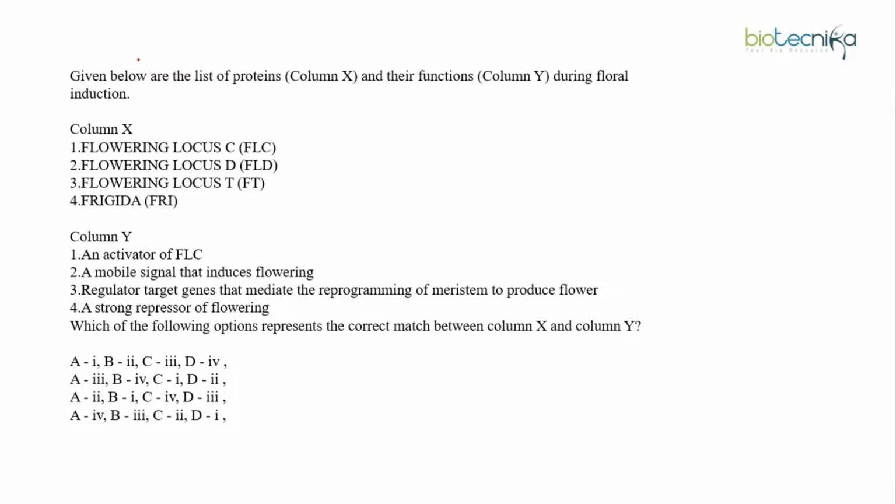So here they're giving you, given below are the list of proteins and their functions during floral induction. Okay, so they have given you flowering locus C, flowering locus D, flowering locus T, and FRIGIDA. Then you have column Y, which is giving you an activator of FLC, a mobile signal that induces flowering, regulator target genes that mediate the reprogramming of meristem to produce flower, a strong repressor of flowering.